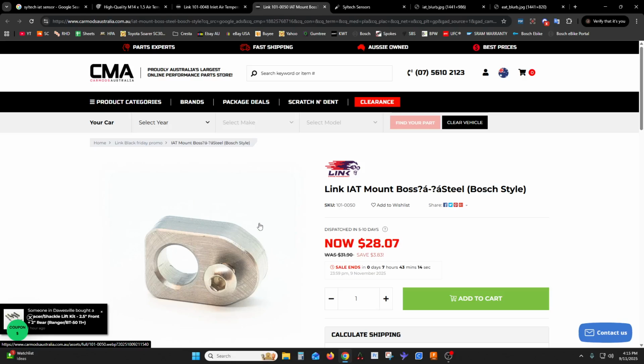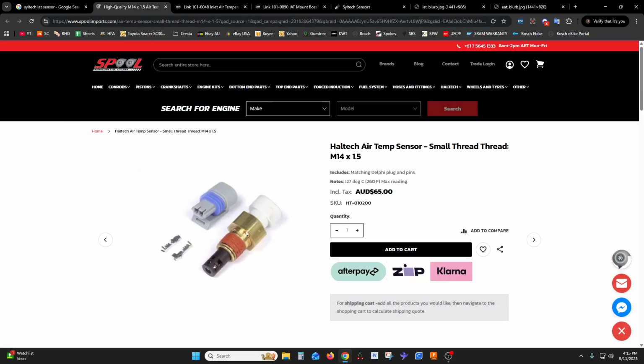Now, on my engine, which is a 1JZ, there is actually an air intake sensor, but it's probably slower than this one, because old school air intake sensors, air temp sensors, were basically glorified coolant temp sensors.